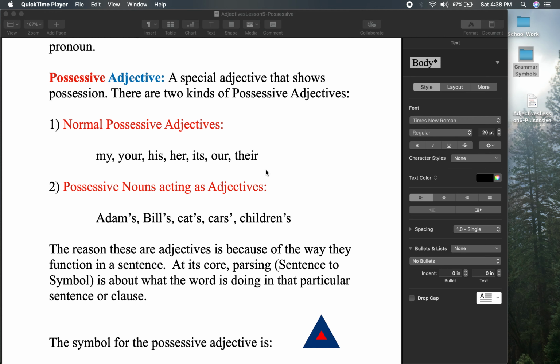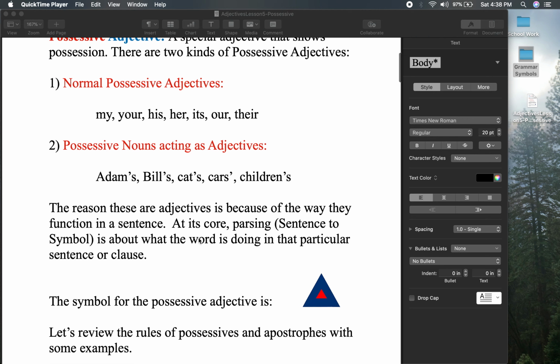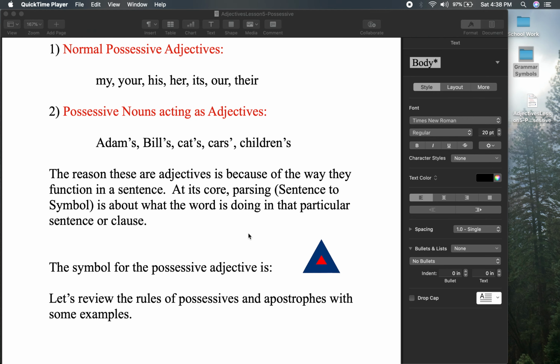At its core, parsing or sentence to symbol is about what the word is doing. And the symbol that I created for the possessive adjective is the adjective symbol with a red triangle inside of it. Red is oftentimes a symbol of passion, and I thought that possession and passion go together, so I went with red there for the possessive adjective.